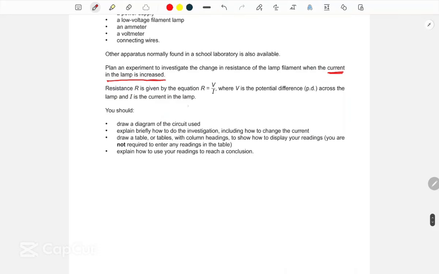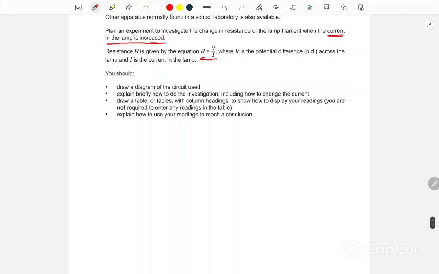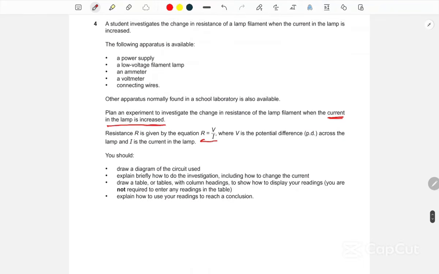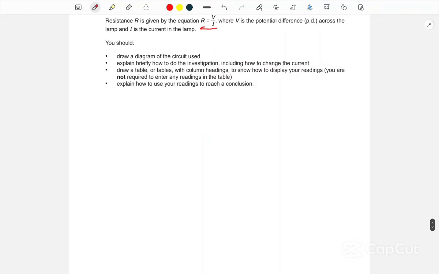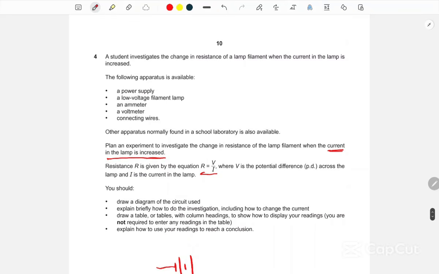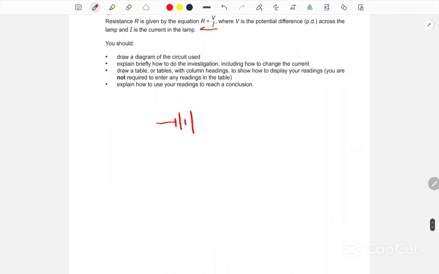So resistance R is given by the equation R is V over I, where V is potential difference across the lamp and I is the current in the lamp. Draw a diagram of the circuit used. So we know we have a power supply, so we can draw batteries. And then next, we have a low voltage filament lamp, and we have an ammeter.